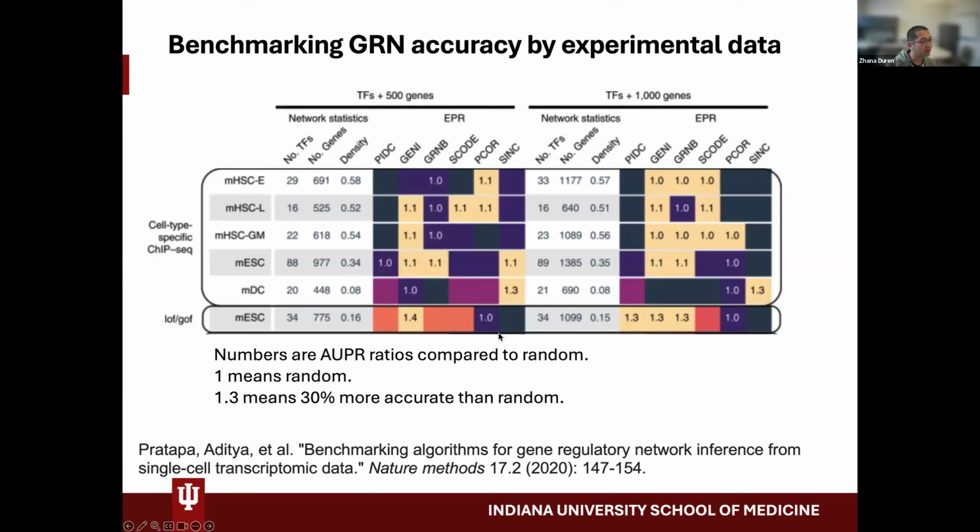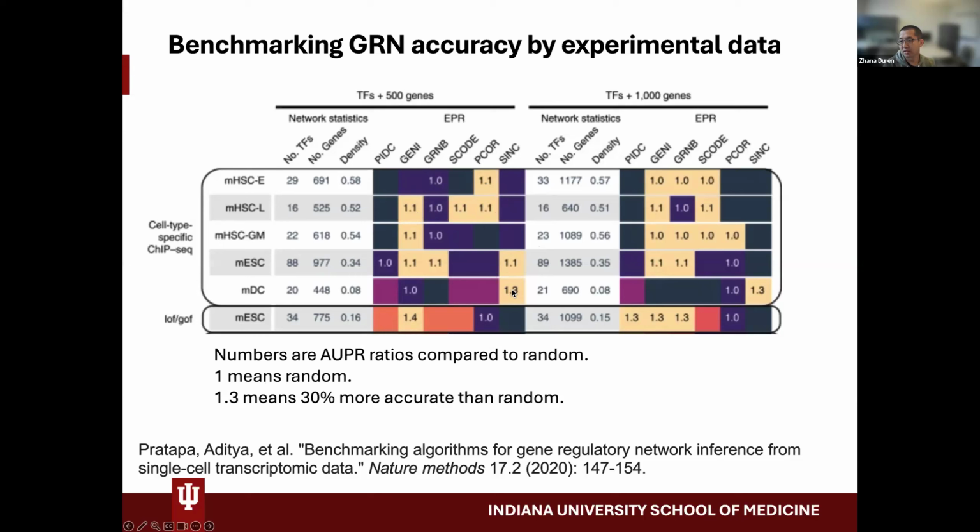So if we find 10 genes in a random prediction, and those methods can identify 13, then it's going to be 1.3. In many cases, we see their AUPR ratio, many of them, is less than 1. Some are around 1.0, some are 1.1. Sometimes in some data, it can reach 1.3.